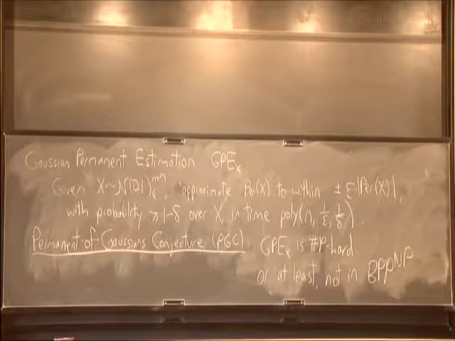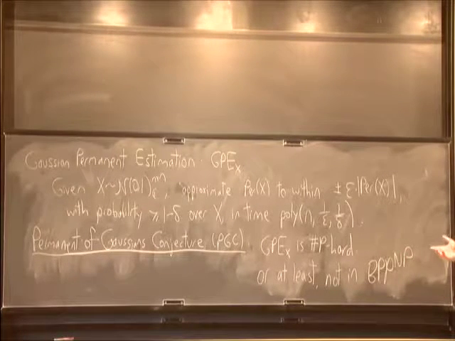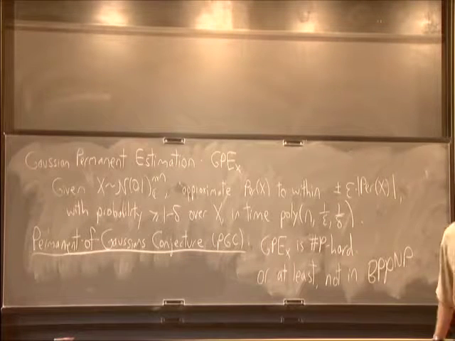Yeah, exactly. So this 1 minus delta is then with the probability of the algorithm and with the probability inherent in X, right? Well, because the input is random, without loss of generality the algorithm can be deterministic.